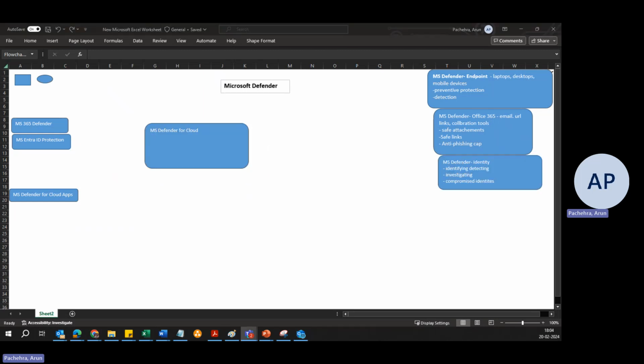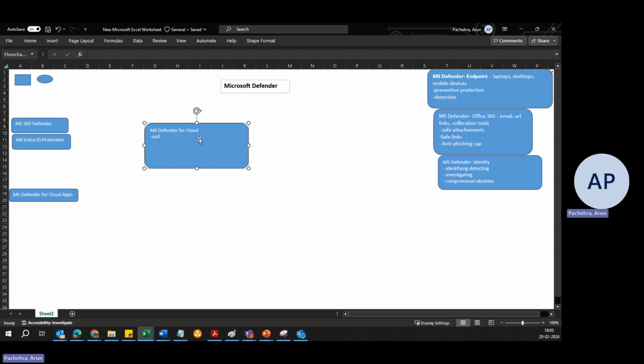All right, so Microsoft Defender for Cloud, which was earlier known as, any guesses? Well, if you are saying Security Center, then of course you're right. Yes, it was Security Center, but now it is Microsoft Defender for Cloud, provides unified security management and advanced threat protection across hybrid cloud workloads in Azure, on-prem, and any other cloud platform.